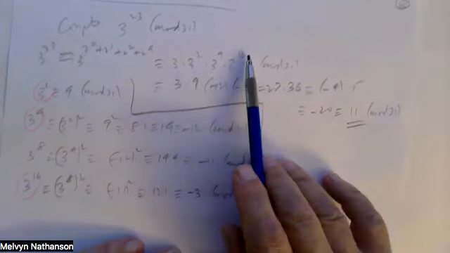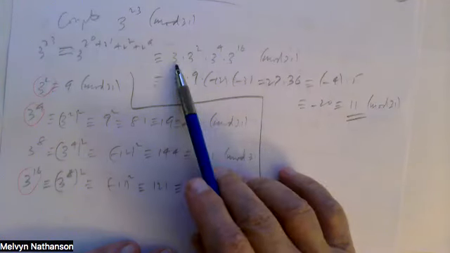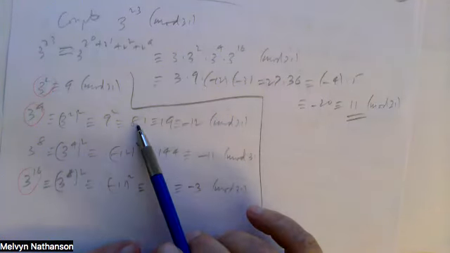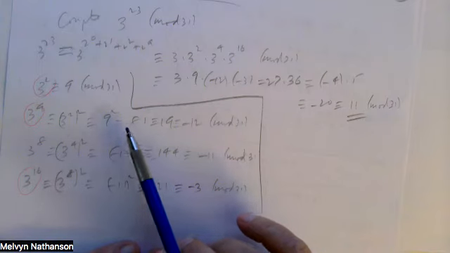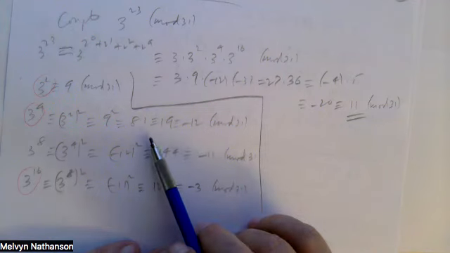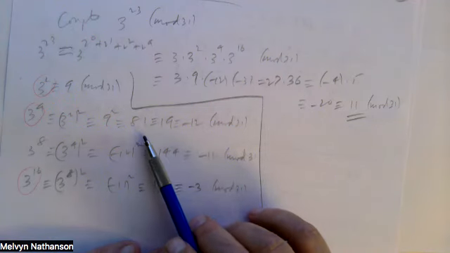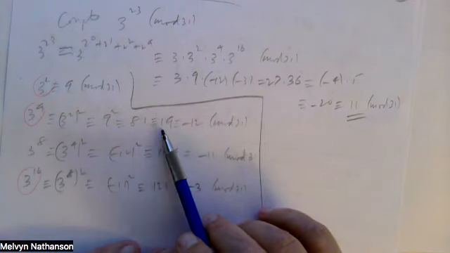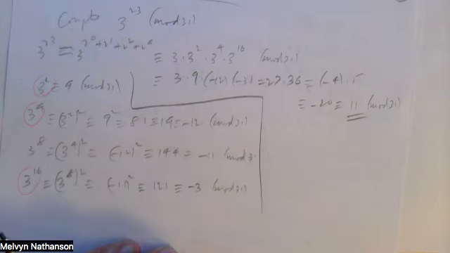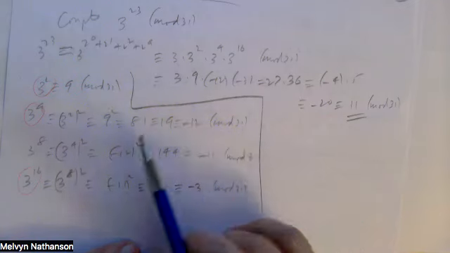So I have to calculate these powers of 2. 3 is 3, and 3 squared is 9. 3 to the fourth is 81. Mod 31 is 19, which is the same as minus 12 mod 31. Because 3 times 31 is 93.